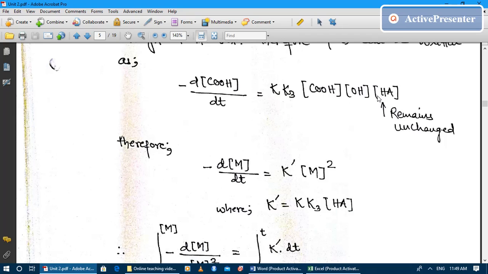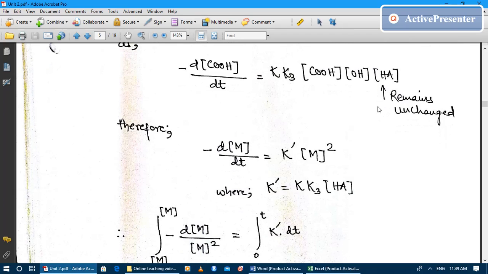However, in the formation of the intermediate, HA is very much involved, but the concentration will remain unchanged throughout the reaction.